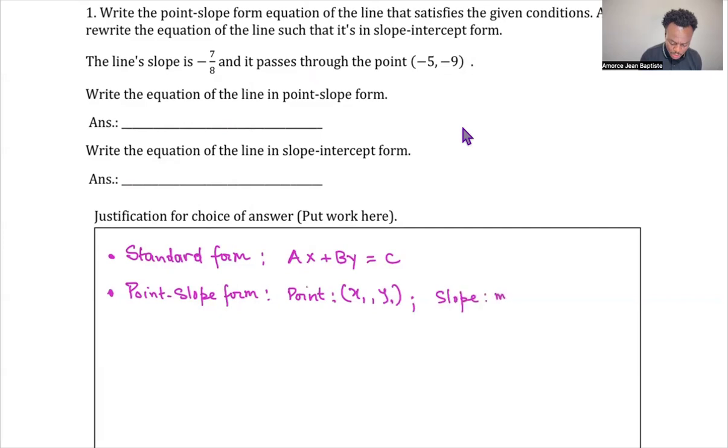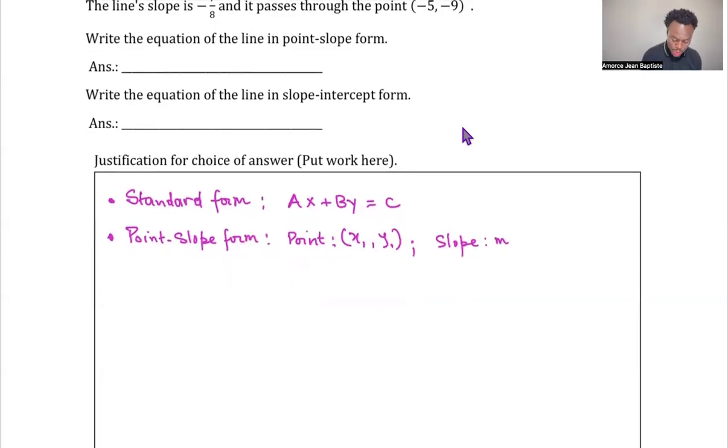Let's say the slope is m, and then they can ask you to find the equation of the line in point slope form, which would be y minus y1 equals the slope m times x minus x1. Well, obviously the x1, y1 are the x and the y components of the point, and the m is the slope of the line. So that's point slope form.